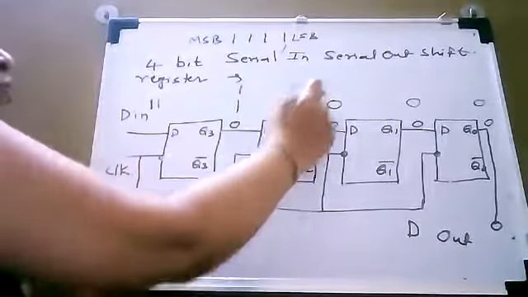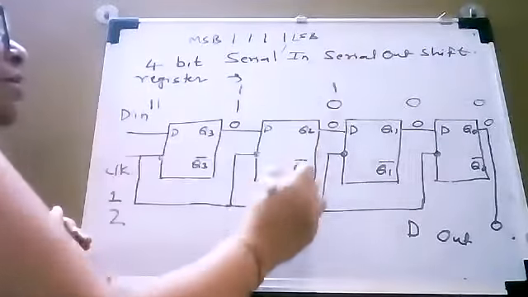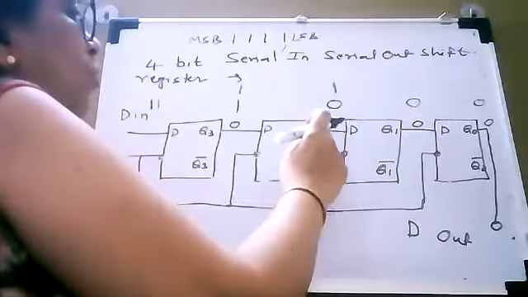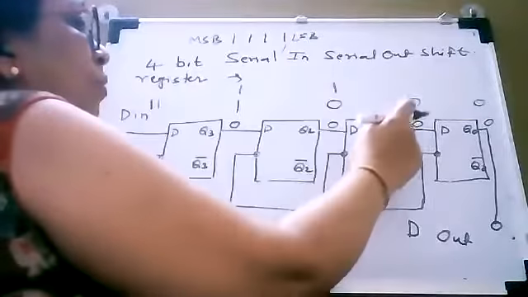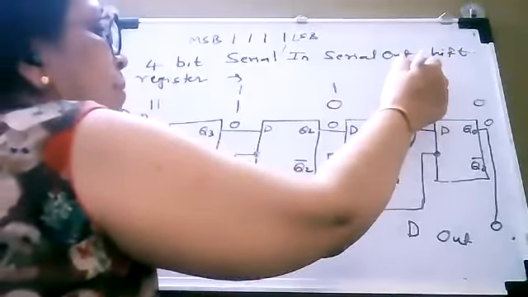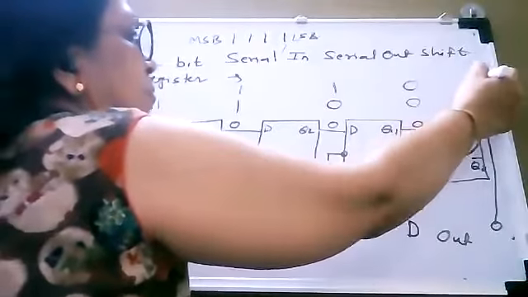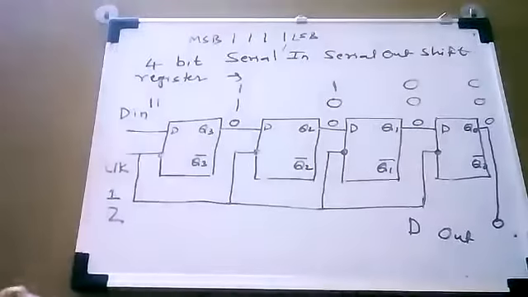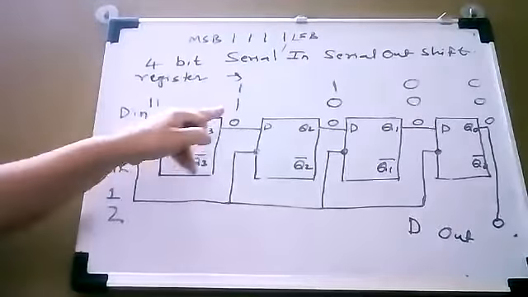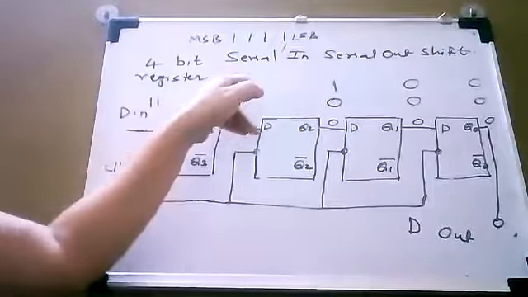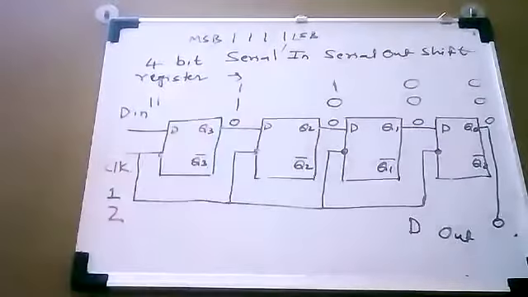At the same time, output of flip-flop number 2 will also be 1. But as the previous output of flip-flop 2 was 0, flip-flop 1 will have 0 output. Similarly, flip-flop 0 will have 0 output. So after application of the second clock pulse, the flip-flops will have contents like this: 1, 1, 0, 0.